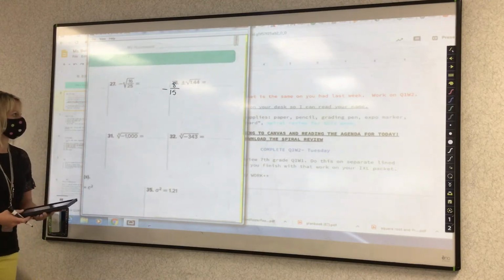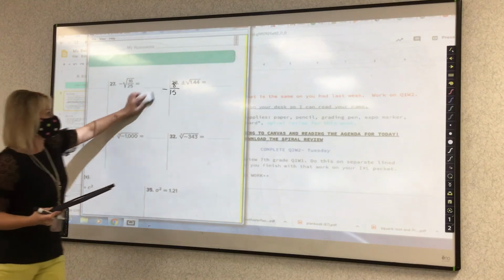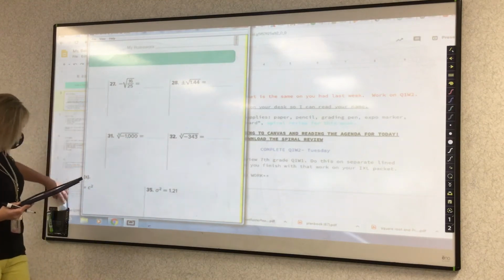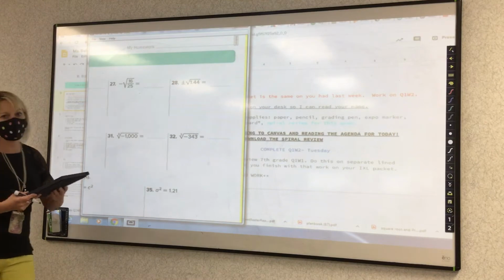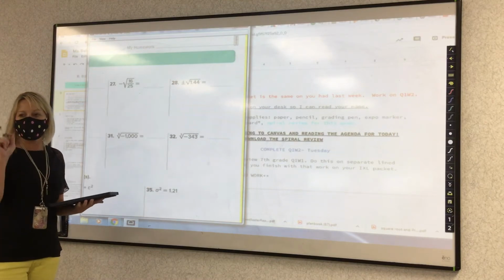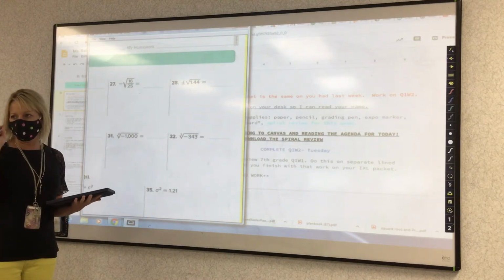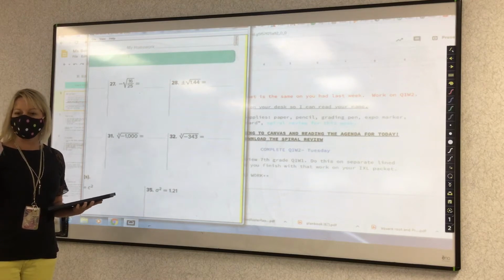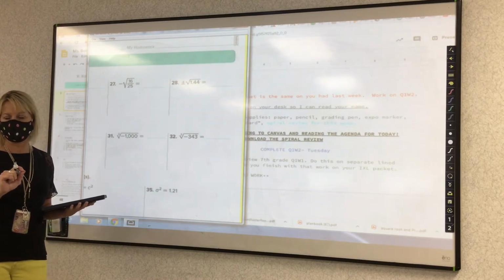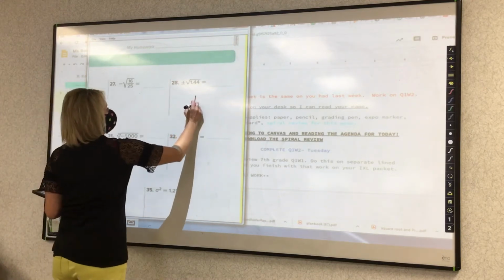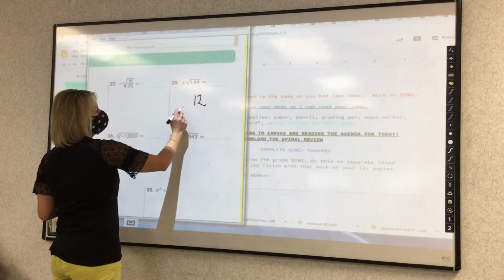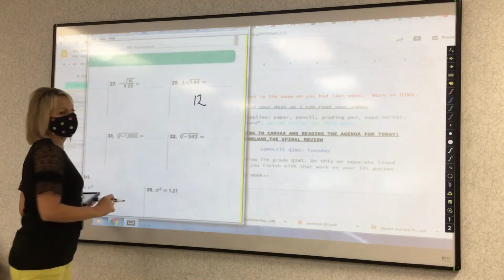28. We have a positive or a negative square root of 1 and 44/100ths. Forget that the decimal is there. What's the square root of 144? 12. Good. So then I look back at my decimals.